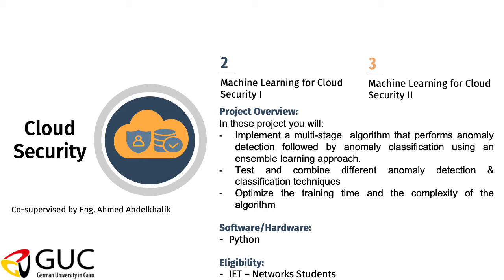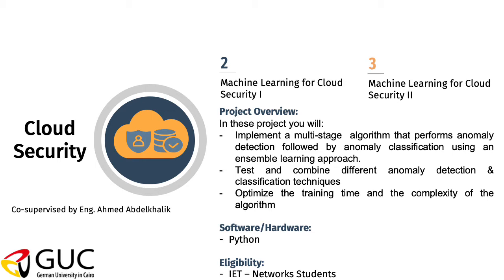And then one step later, we need to understand which type of attack or which type of malware caused this anomalous behavior on the system. So here we don't only want to detect if this is an anomalous behavior or not, but we also want to classify it. So we need to do in these two projects a two-stage or multi-stage algorithm which performs both the steps of anomaly detection followed by anomaly classification.